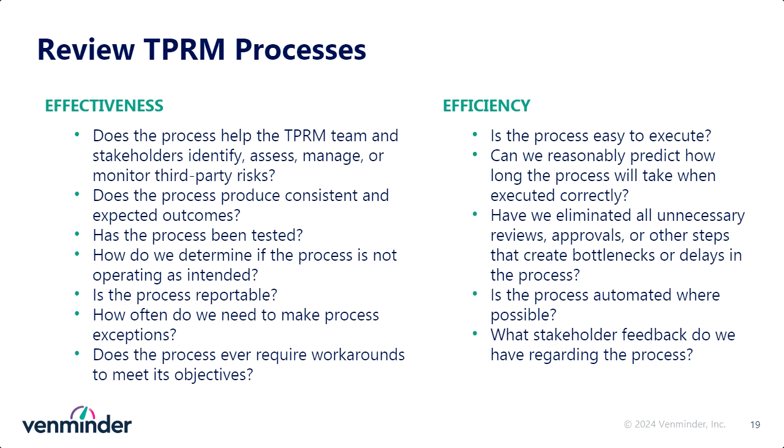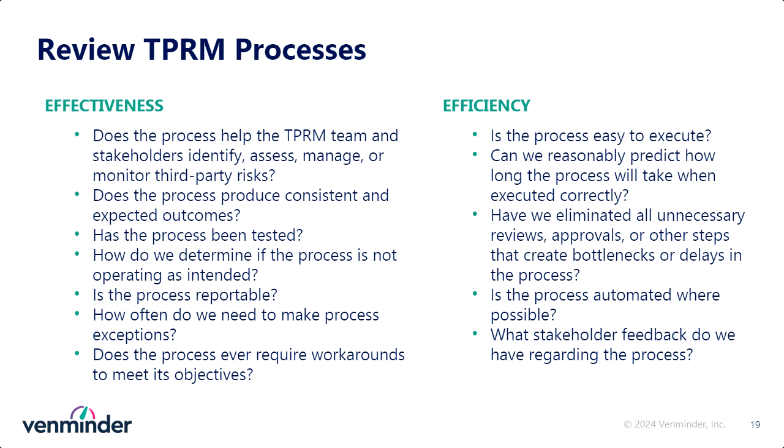And of course, we're going to evaluate for effectiveness and efficiency. Now, when it comes to effectiveness, the number one question I'm going to ask about every single process is, does it help identify, assess, manage, or monitor third-party risks? The answer for 99% of your processes should be yes.